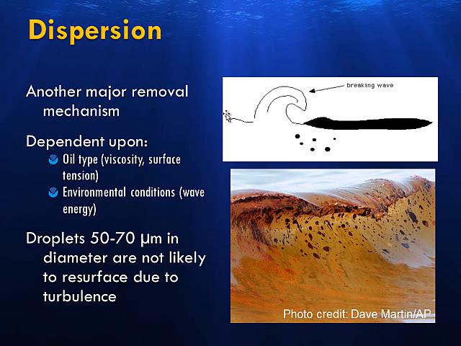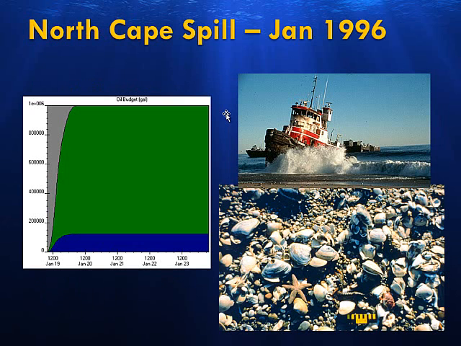If the oil droplets are small enough, like between 50 and 70 microns, so like the diameter of a human hair, about that, it's still a floating oil, but it's not a big enough droplet to overcome the inherent turbulence in the system. So droplets that are that small may not rise to the surface very quickly as compared to larger drops. And I'll show you an example in a second.